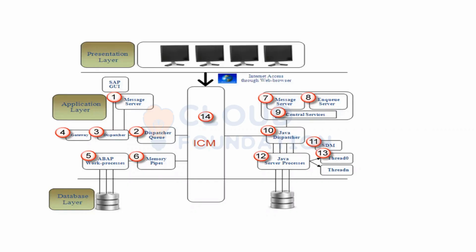That way, whatever input we give goes on with respect to the work processes. We have all these work processes in the application layer, and in the database layer, the files and all the systems will be.